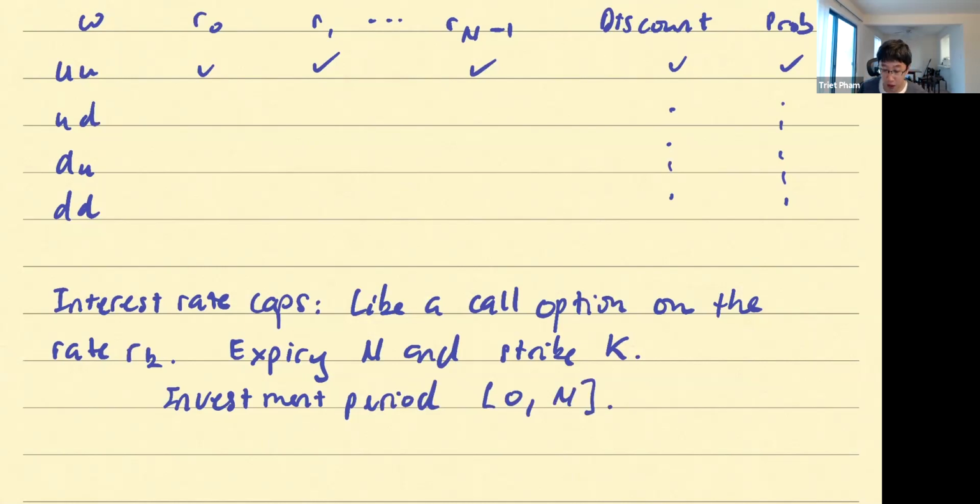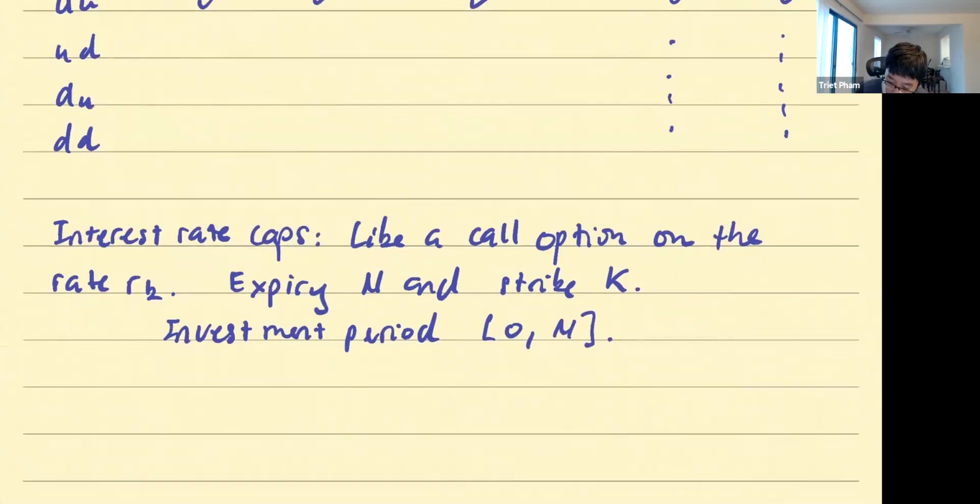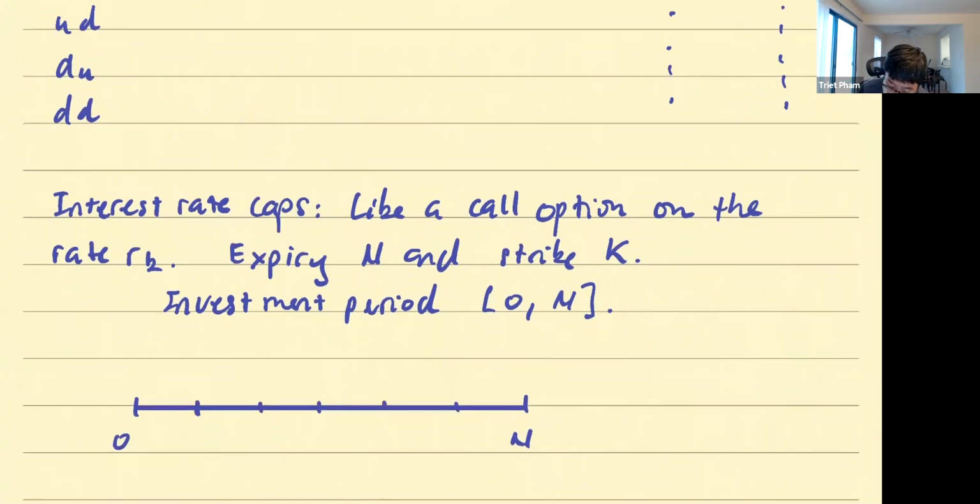Because what that means is, unlike a call option where you get one payment at time n, when people say cap, it really is about a series of payments. Interest rate works like that. When you look from 0 to n, there are many sub-time periods as dictated by the way we want to structure our investment.